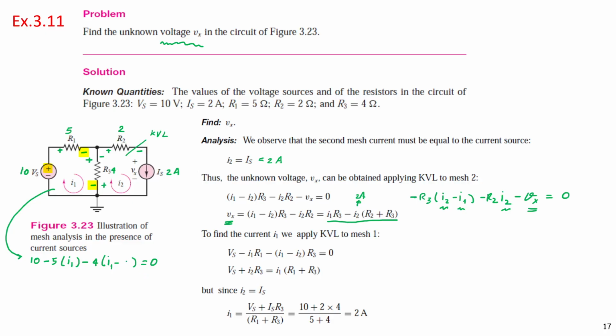Then I solve for I1. Then we substitute I1 and we can get Vx. So solve for I1 first, so we can know the voltage across the current source later by KVL.